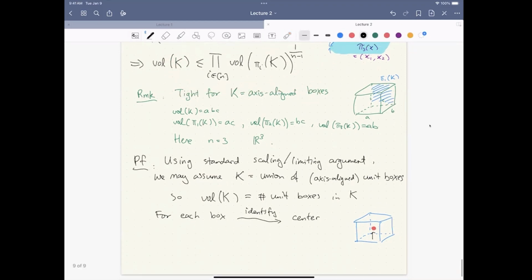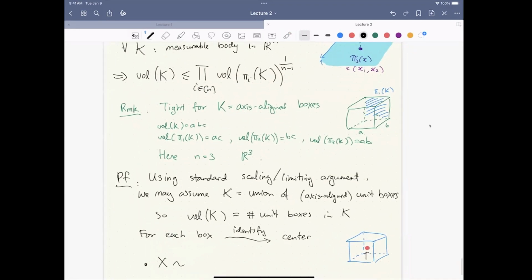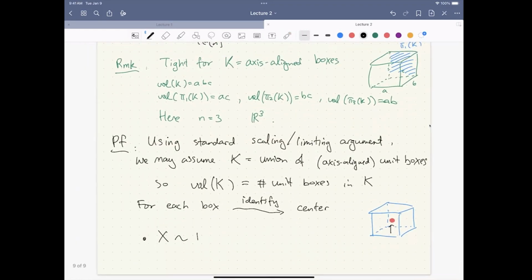As I said, we're going to take X, which is a uniform random box in K, uniformly randomly sampled over boxes in K. By maximality, we know that the entropy of this random box equals the log of the volume of K, right?